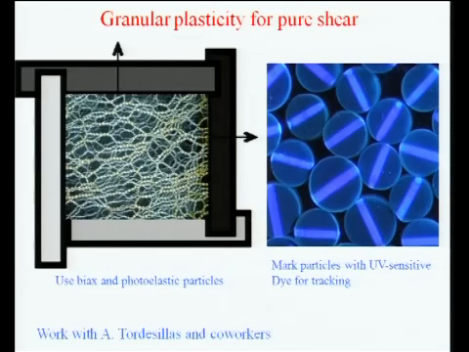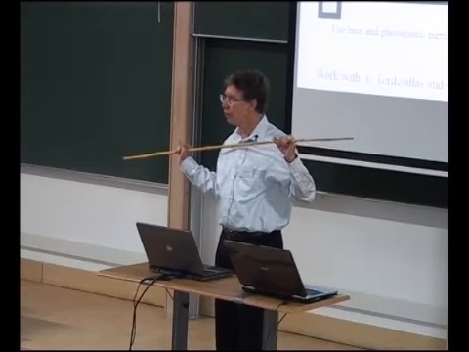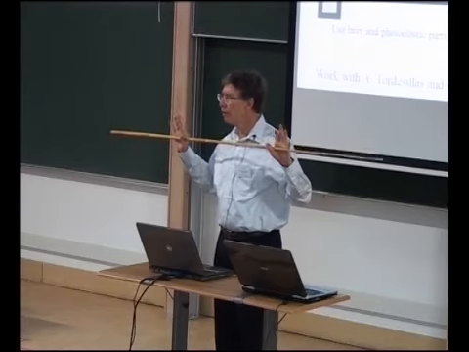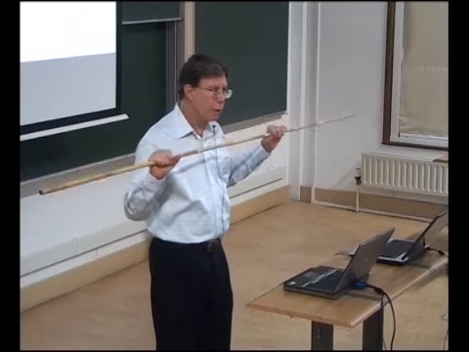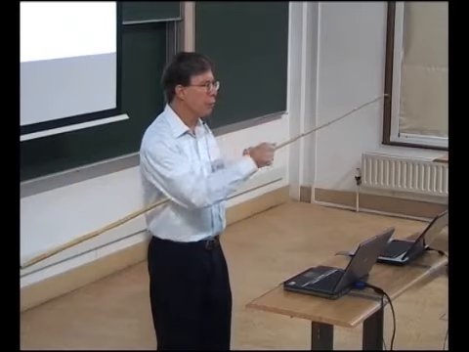So now we're going to go back, first of all, and look at our biaxial system, and we're now going to apply pure shear to the system. So we're going to squeeze one way, dilate the other, and keep the area fixed. And we're actually going to track photoelastic information. We're also going to track positional and rotational information. And so we've changed the procedure a little bit. We mark our particles with fluorescent dye now.